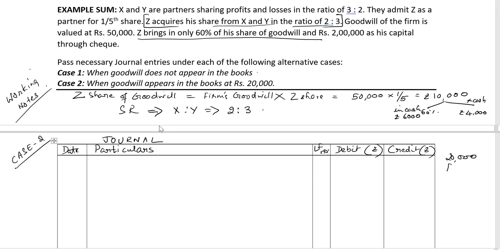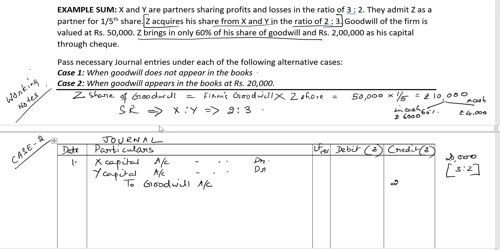So 20,000 will be written off in 3:2. So we'll write the first journal entry for writing off the existing goodwill. X capital account debit, Y capital account debit to goodwill account.